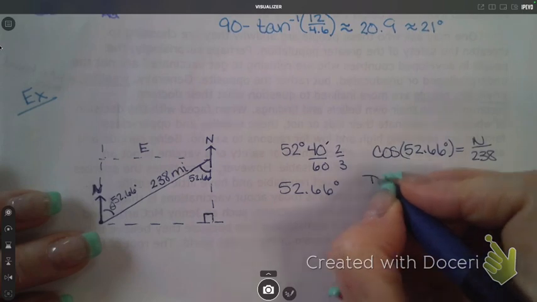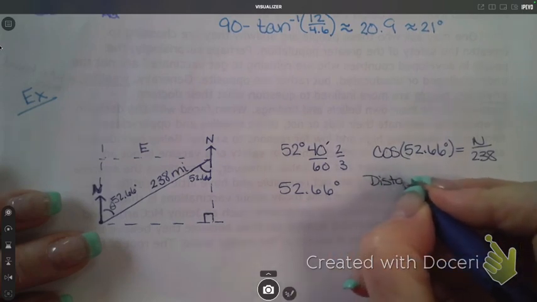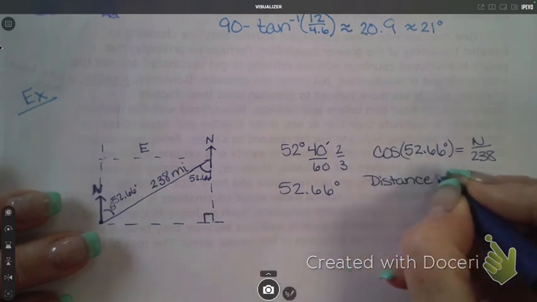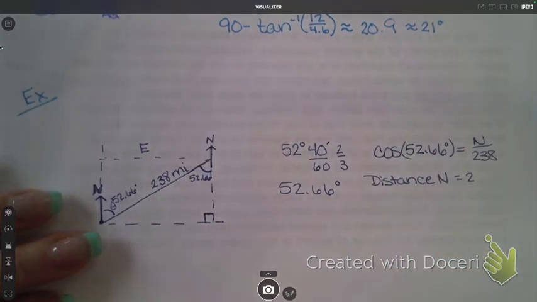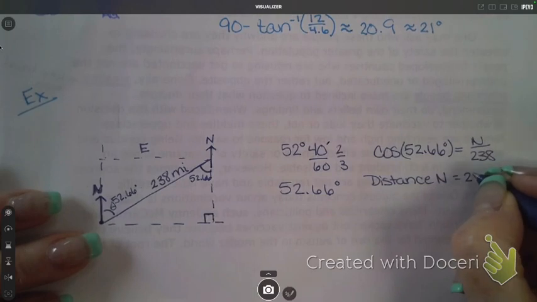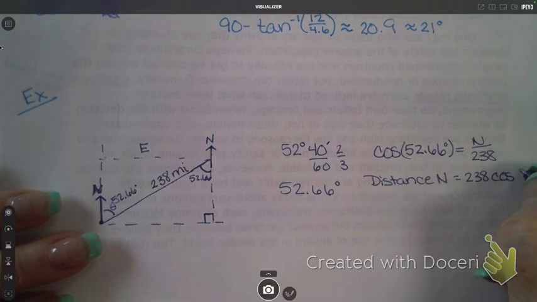So my distance north would equal 238 cosine of 52.66.